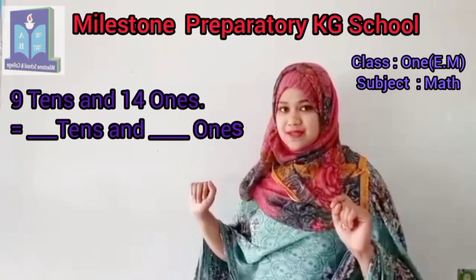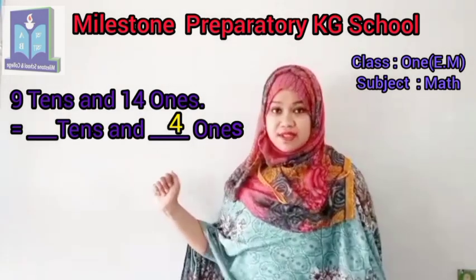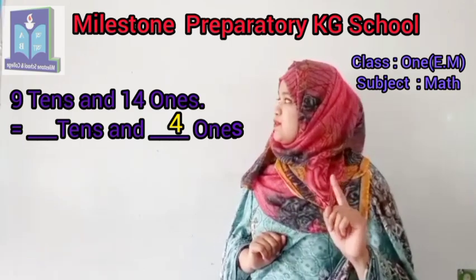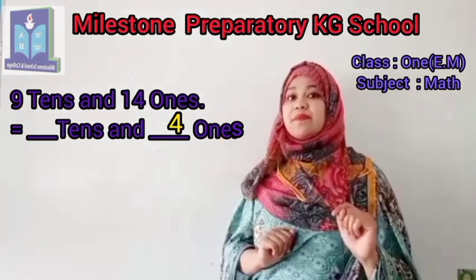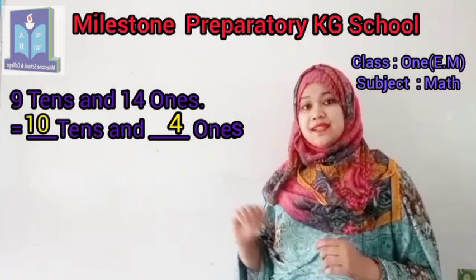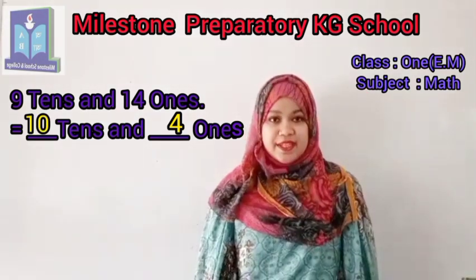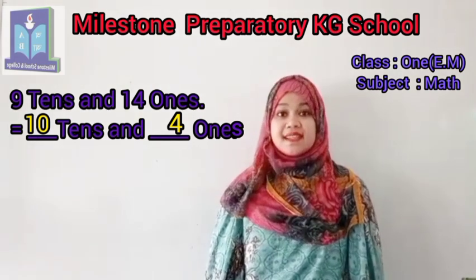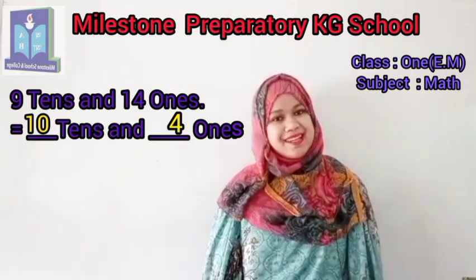So 4 ones, right? We can write here 4 ones and we get 1 tens from here. So 1 tens, and on this side we have 9 tens. So 9 tens and 1 tens equal 10 tens. So dear students, now we get 10 tens and 4 ones.